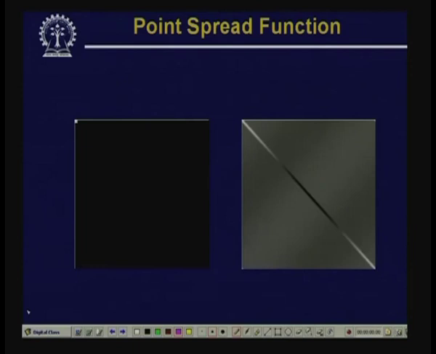Now, once I have this point spread function, then as before, I take the Fourier transform of this, and this Fourier transformation now gives me G(u,v). Because my input was an impulse, for this impulse F(u,v) is equal to a constant, something like a.